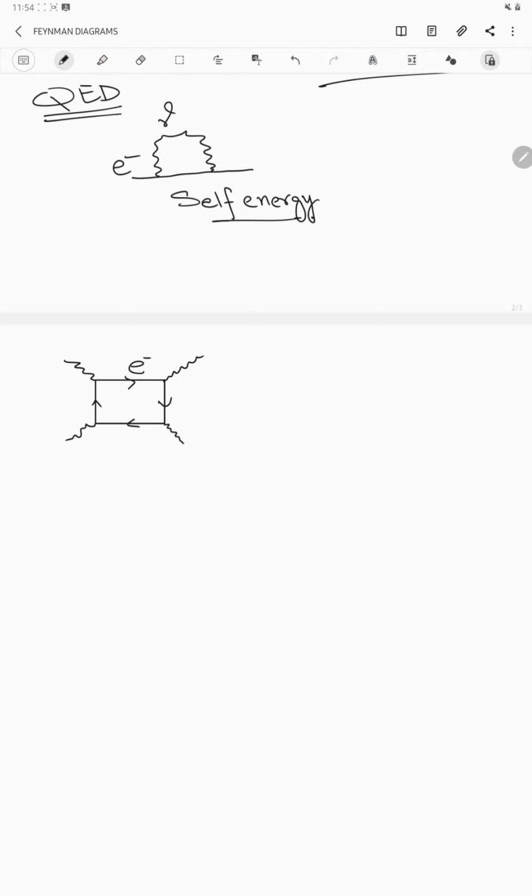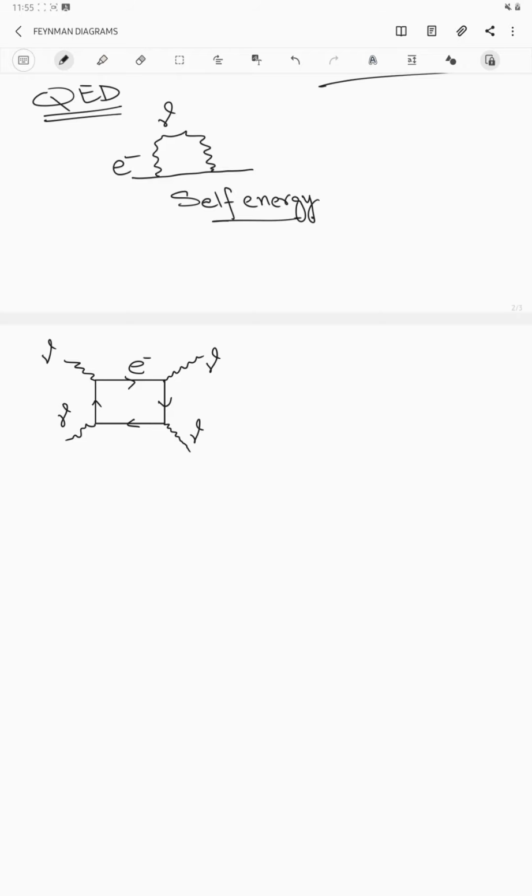If you look at this diagram, you might be thinking, wait, what? It shows a photon interacting with itself. And yes, theoretically photons can interact with themselves, and that is in very high order perturbation theory, in the very high order perturbation expansion of the series.